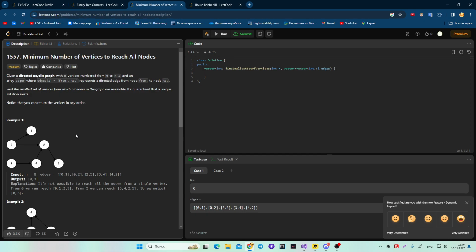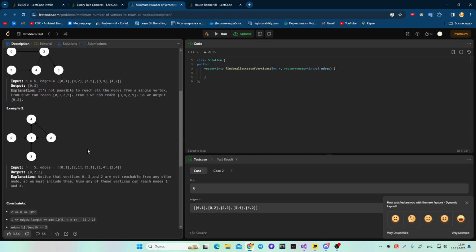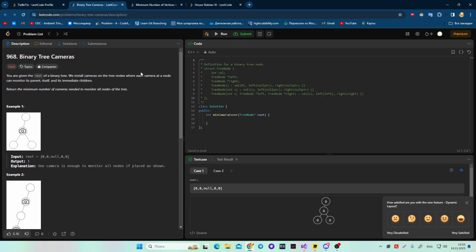This and the previous task are hard. I don't have any idea why this is medium and the previous task is hard. It's very unusual.